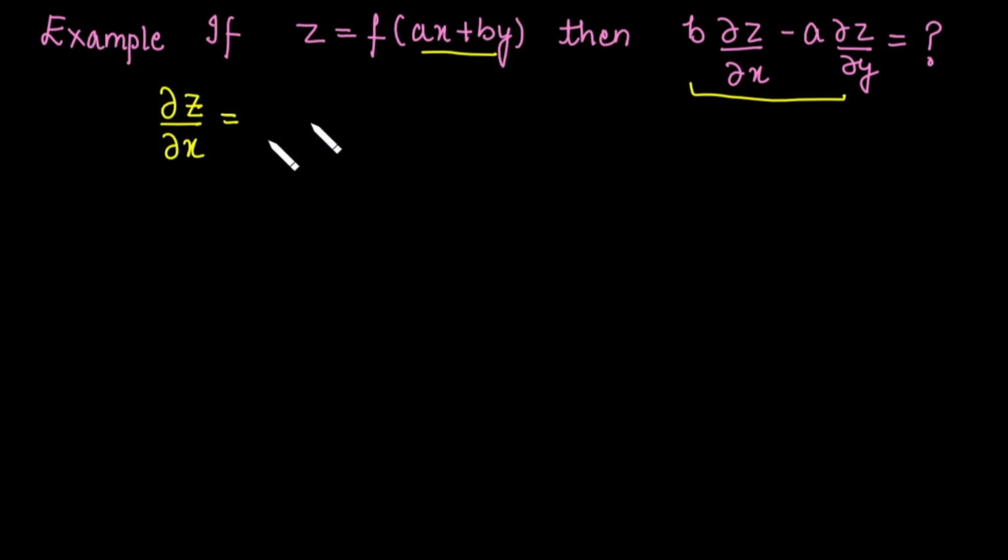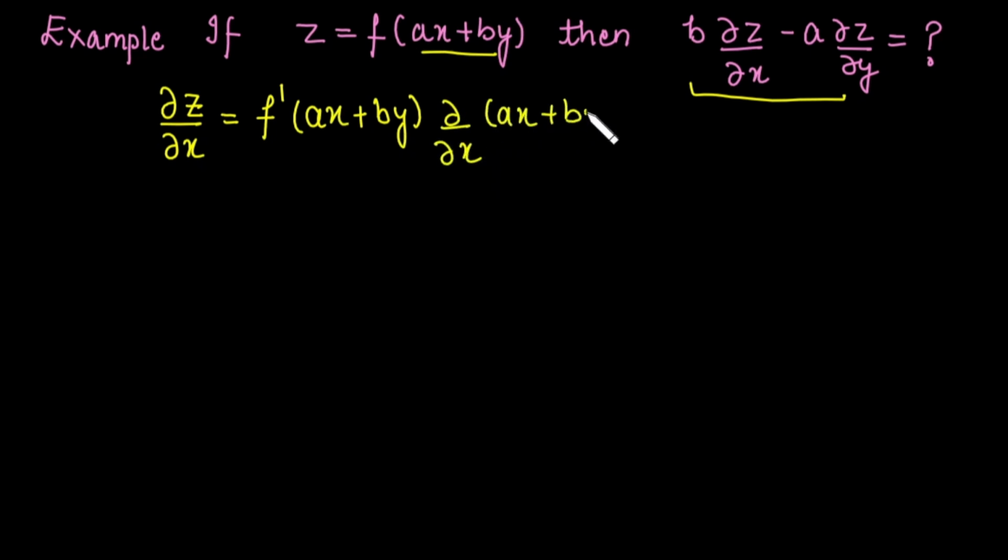How to evaluate that? First, we will take the derivative of the function, whatever the function we have, and then the derivative of the internal term with respect to x. That will be the partial derivative. This term is equal to the derivative of the function times the derivative of this with respect to x, which is a.